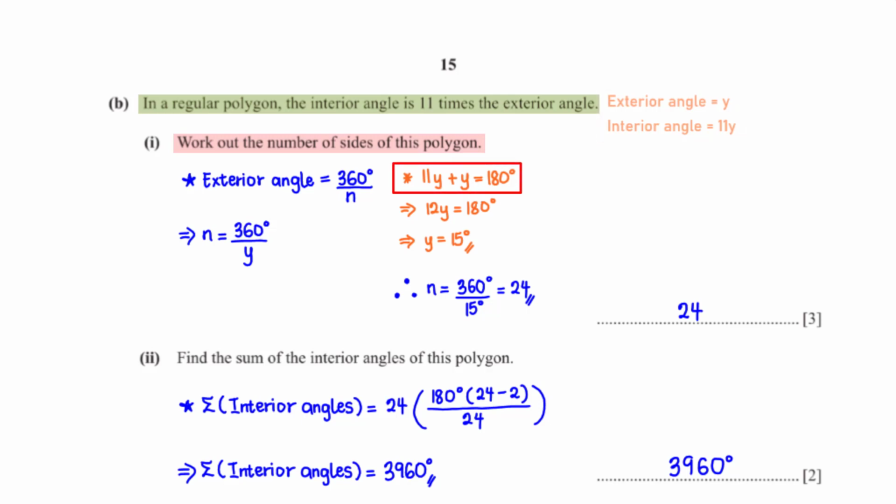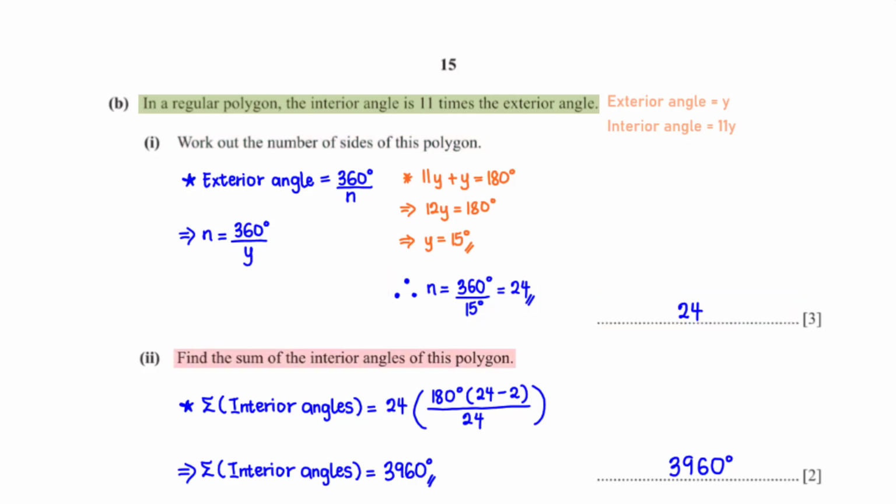So we have 11y plus y equals 180 degrees. 11y plus y is 12y. When we divide both sides by 12, we get y equals 15 degrees. Now that we have the value of the exterior angle, then n equals 360 divided by 15, which is equal to 24.